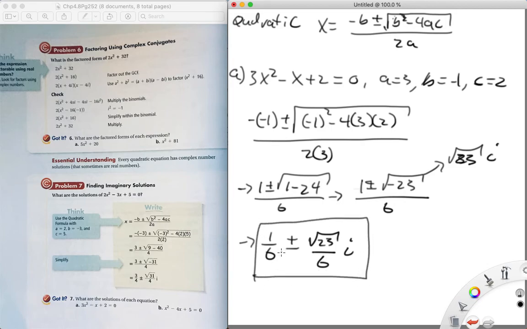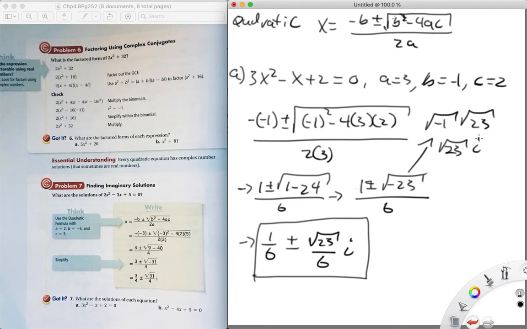Or another way, you can think about it as separating out the root of negative 1 times 23, and then we know that that is i. So then root 23i. Either way you want to think about it, it works.